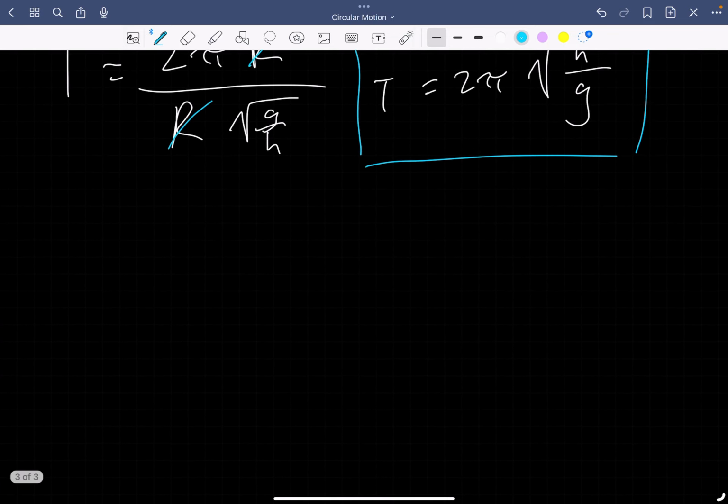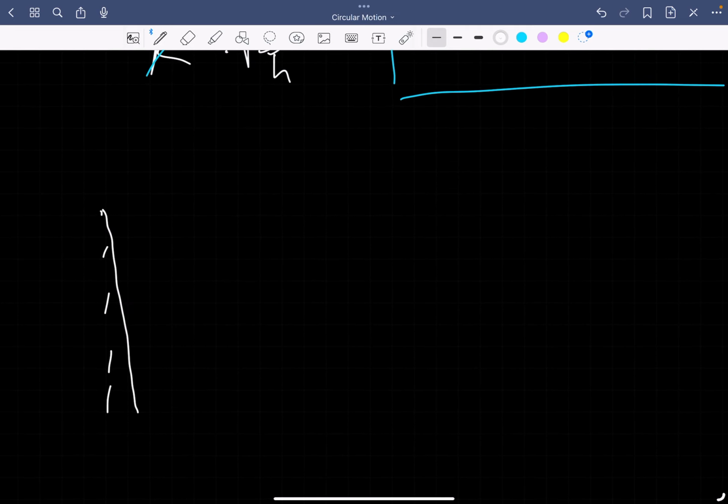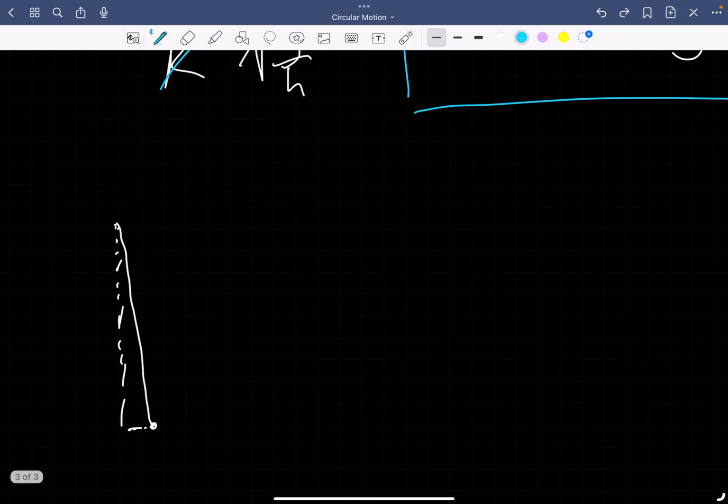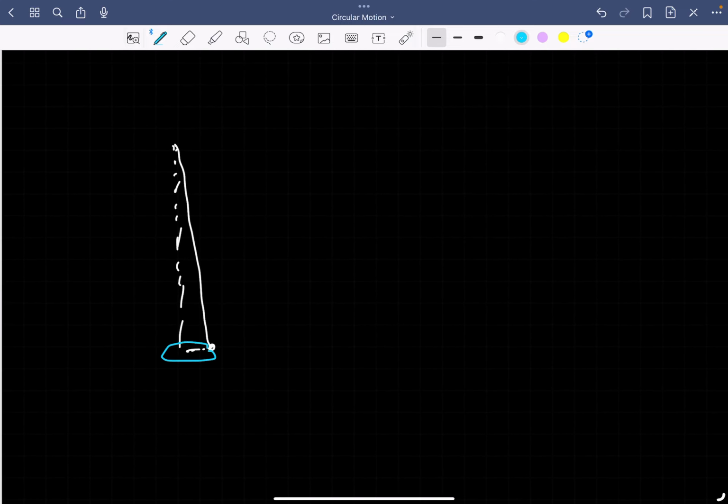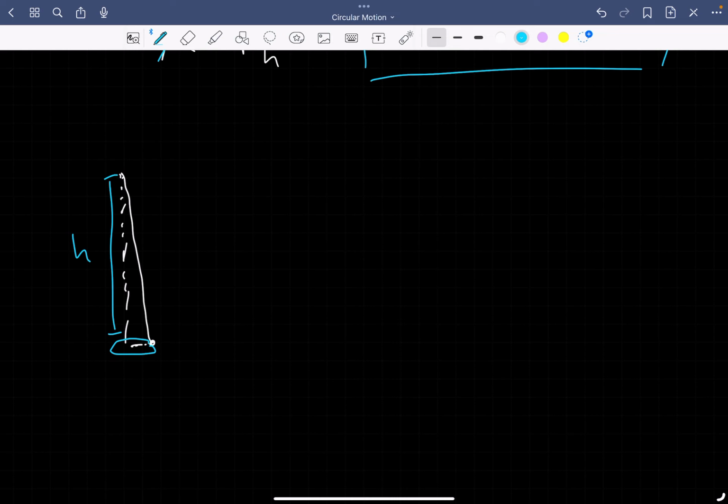So what that means is if we have a circular pendulum here that's really long, or let's just say that it's really close to being vertical, and it's traveling in this small circular path here, but it has height h, it's going to have the same period, so it'll take the same amount of time to complete a rotation as a pendulum that has the same height h, but it's traveling in a really large circle.